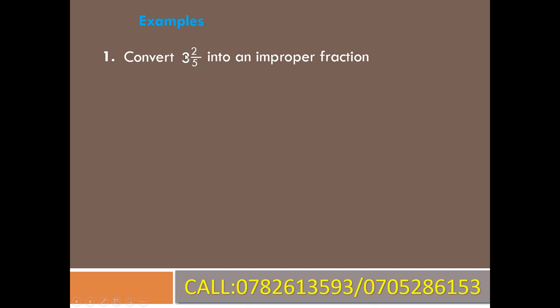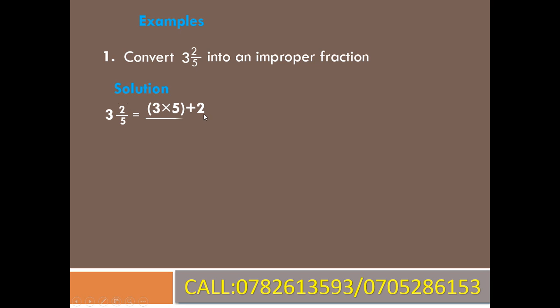So we are now going to convert, and this is how we proceed. 3, 2 out of 5 will be equivalent to, so we shall take this whole number, which is 3. So 3 times 5, the whole number times the denominator, and then we add the numerator. So 3 times 5 plus the numerator, which is 2.